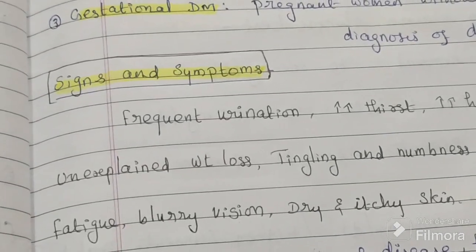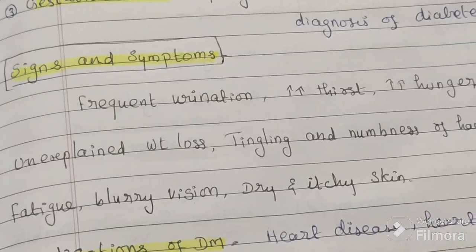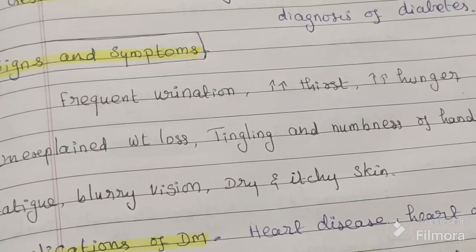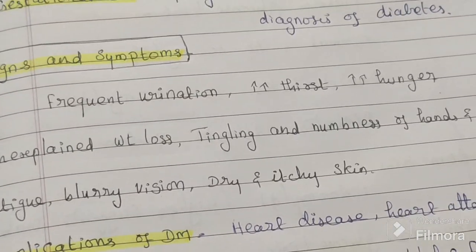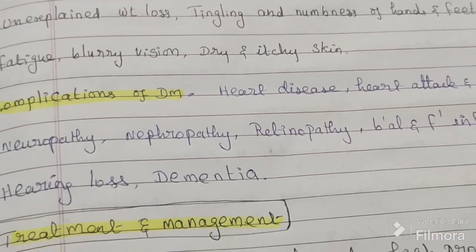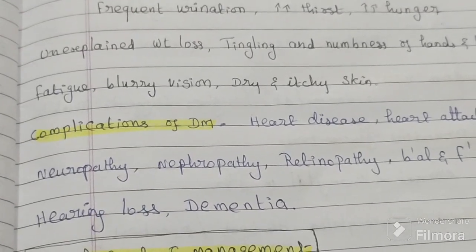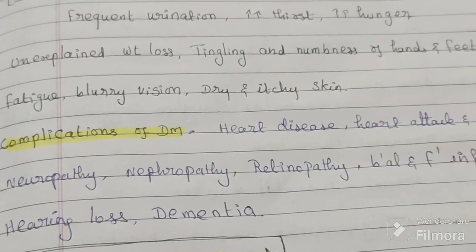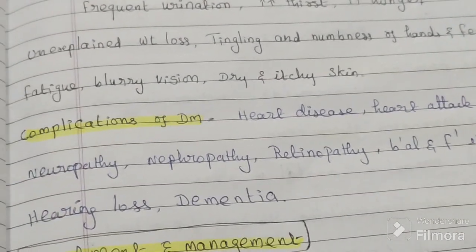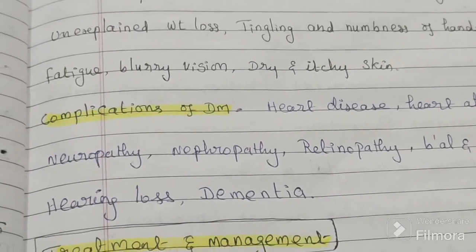Signs and symptoms: polyuria, polydipsia, polyphagia, unexplained weight loss, fatigue, blurred vision, dry and itching skin. Complications: heart disease, heart attack, stroke, neuropathy, nephropathy, retinopathy, bacterial and fungal infection, hearing loss, dementia.